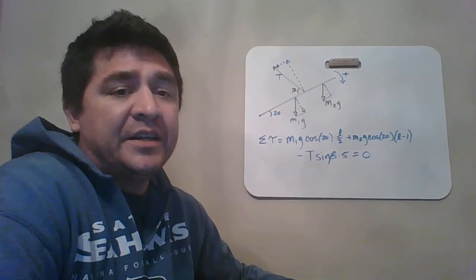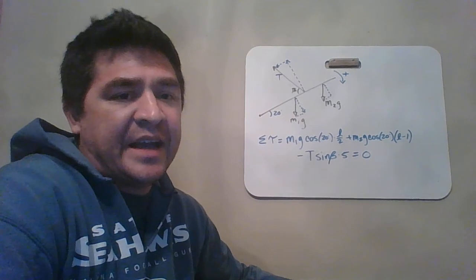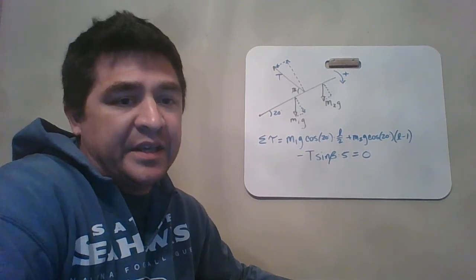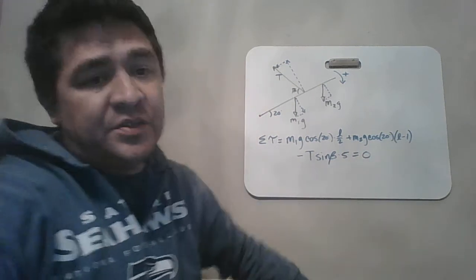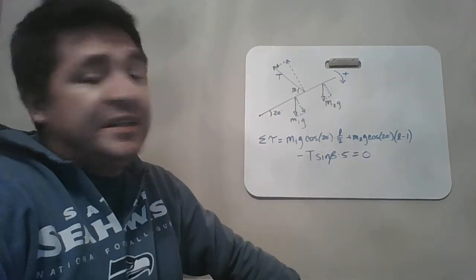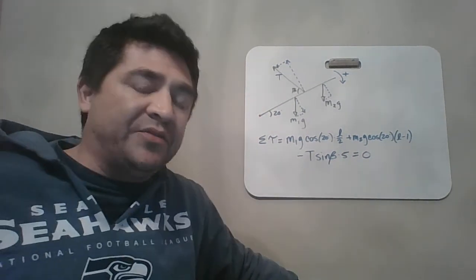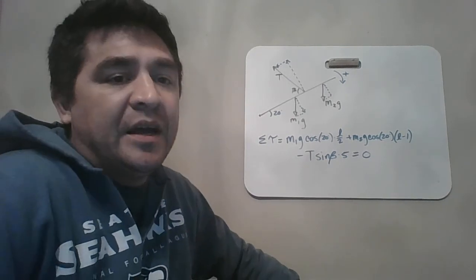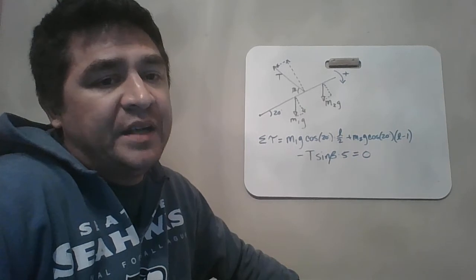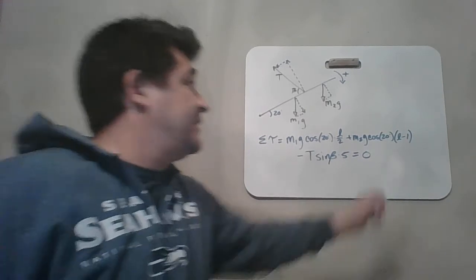And then our hero near the end of the bridge is acting 1 meter from the end. So we've got his weight force, but only the perpendicular component, so again, cosine 20. And he's acting 1 meter from the end point, so you've got your L minus 1 to figure out where that's acting. And then I ran out of room.